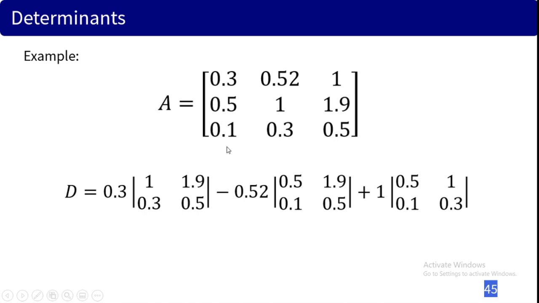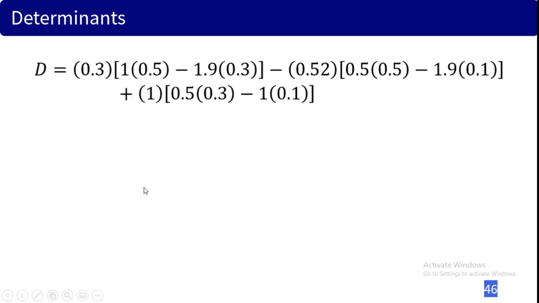In our next step, we will multiply 0.3 by the determinant of those minors, then 0.52 with the determinant of this minor, and the last term 1 multiplied by its determinant.